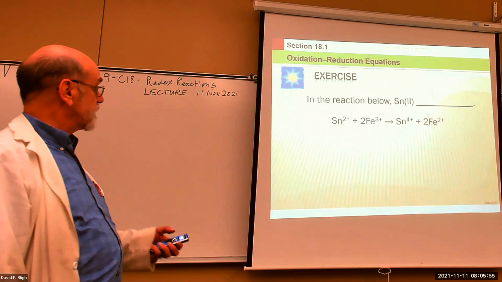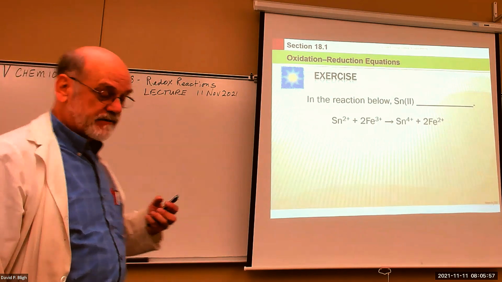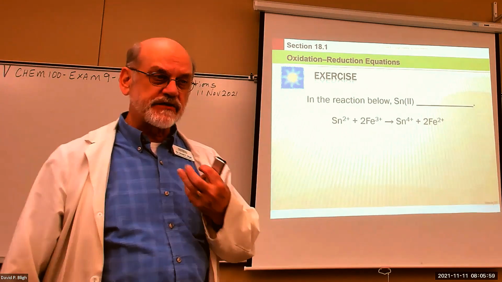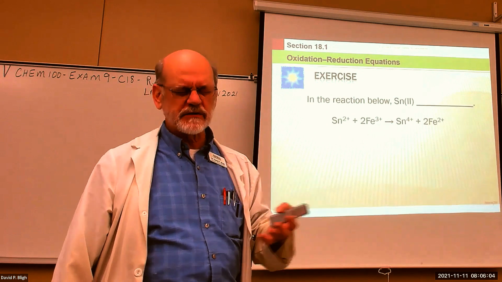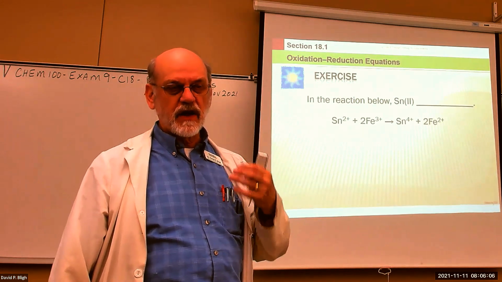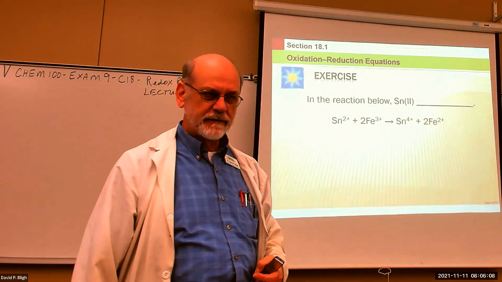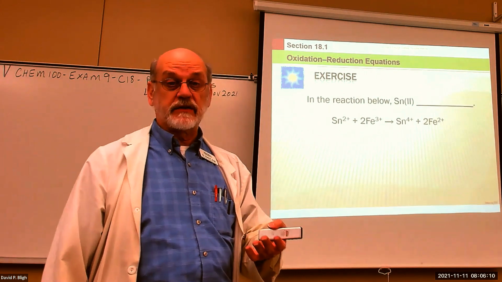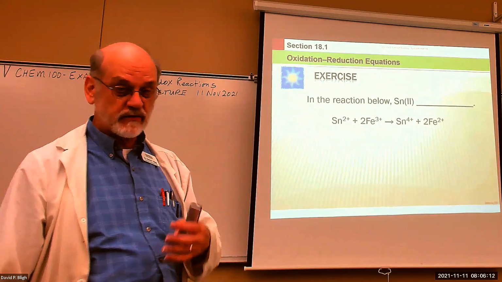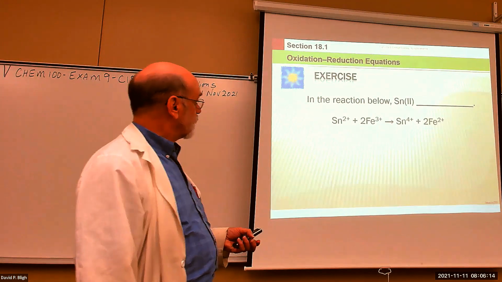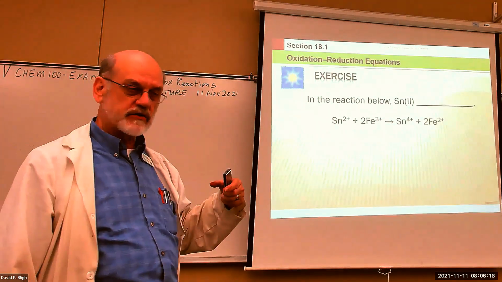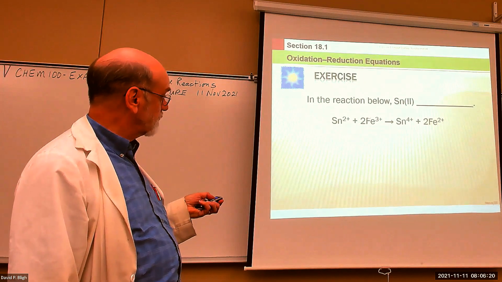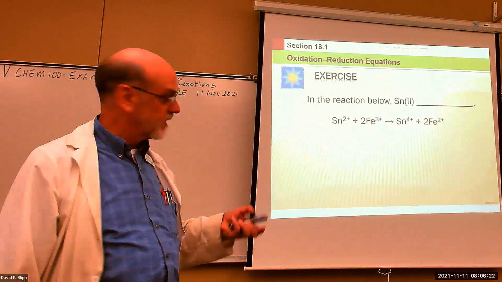All right, so when we write these redox reactions, sometimes we leave out parts that are not central to the reaction. In other words, we would call them spectators. They're not involved in the reaction at all. So in this case, we have tin with a 2+ charge reacting with iron that has a 3+ charge.